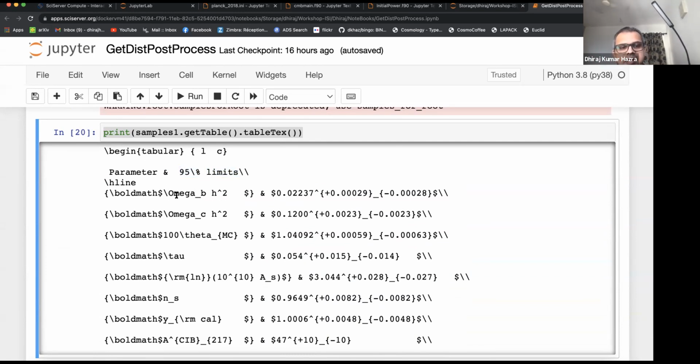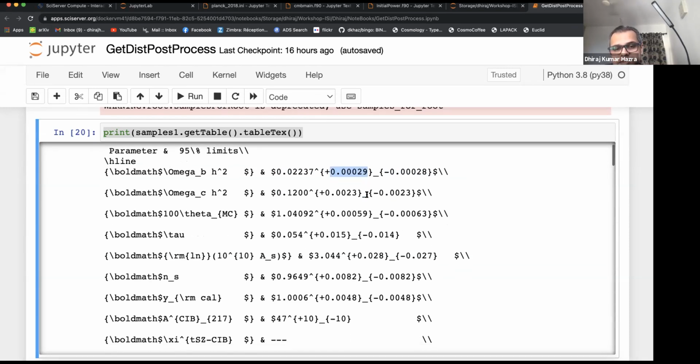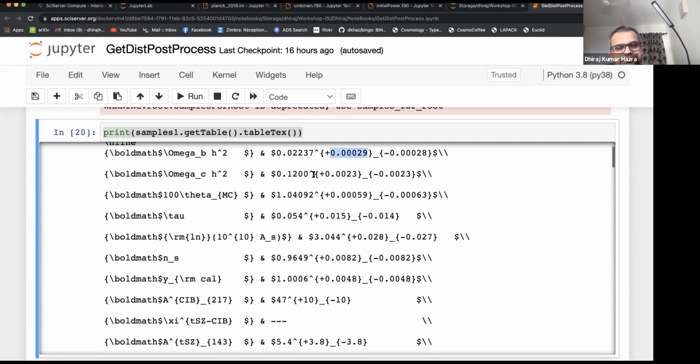So it says your omega baryonic square value is 0.02237 plus or minus 0.00029. You can see how accurately they are constrained. For example, if it is 95%, then the 68% will be 0.00014 or something like that. So we have been able to do it very well.